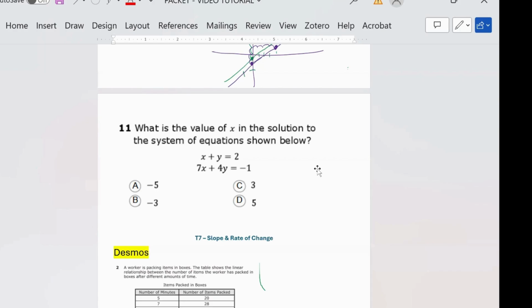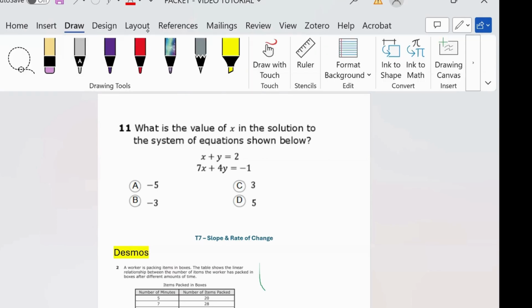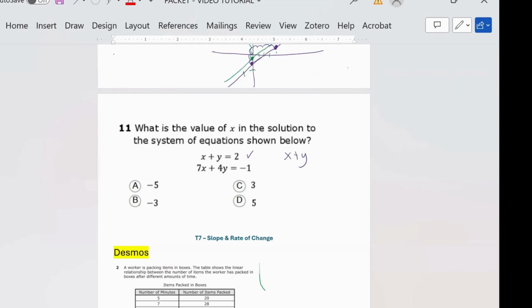Same thing, you're going to write the equation of a line and graph. So let's solve the first one here. I'm going to write x plus y equals 2. After the equal sign, I'll put parentheses, minus, copy this x here, close parentheses. That's gone. I'll divide by 1.